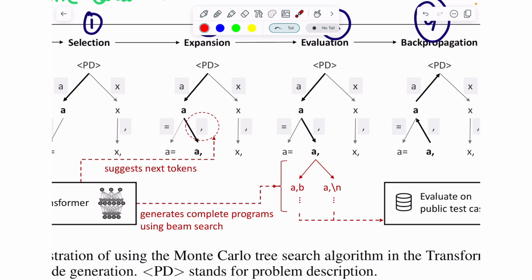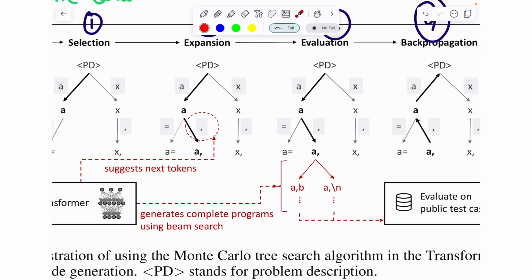So what do you do? You will use this particular partially generated code so far and expand it using the large language model. That means you will ask the LLM to write the code that would be coming after this partial sequence has been generated, right? And for that, what would you do? You would use the standard beam search for that, right?